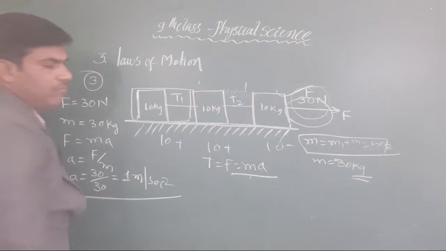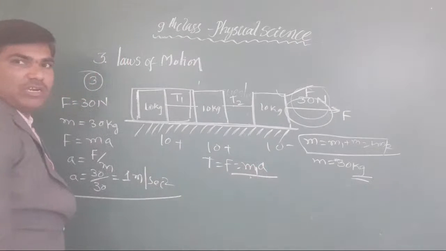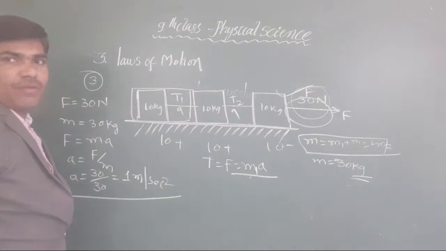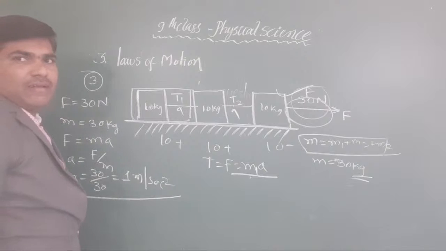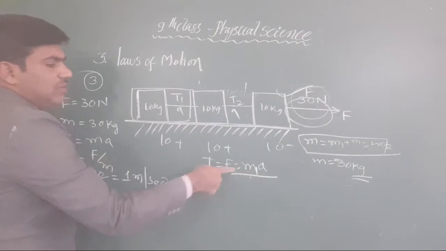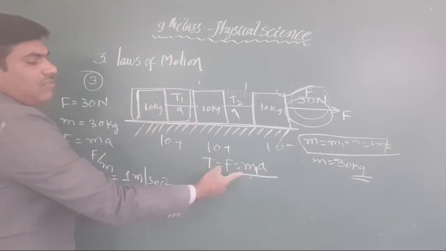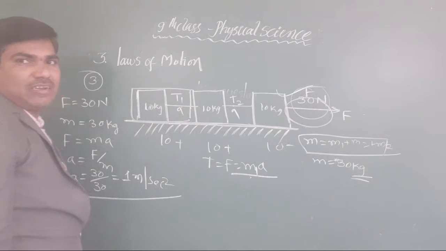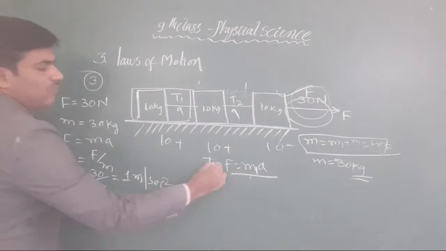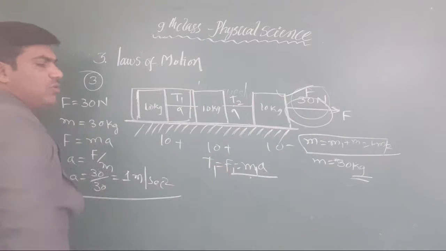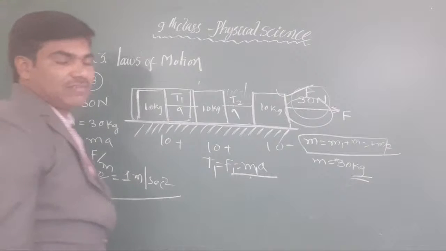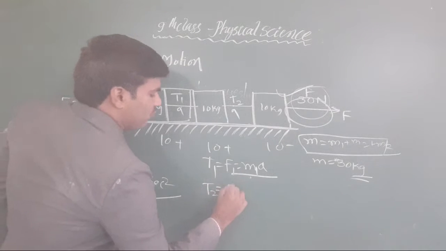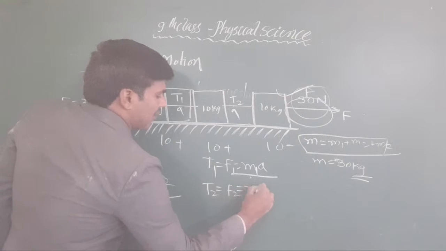Here it is M1 into A. The acceleration is the same in every part. Clear or not, all the students? Due to this mass change, the tension also changes. That's why T1 is equal to F1, that is M1A, and T2 is equal to F2, that is M2A.